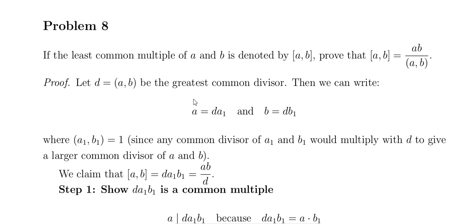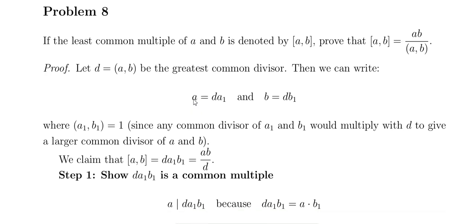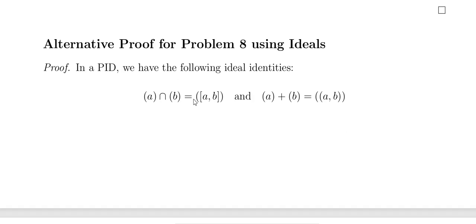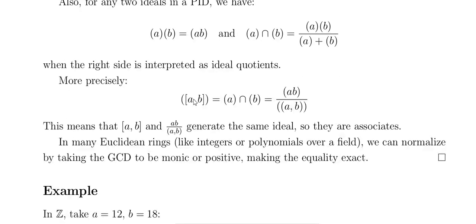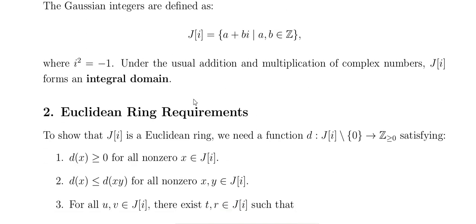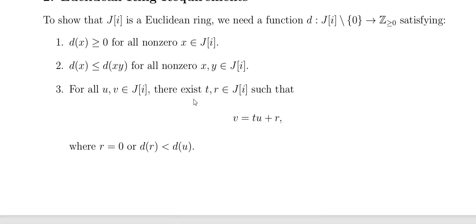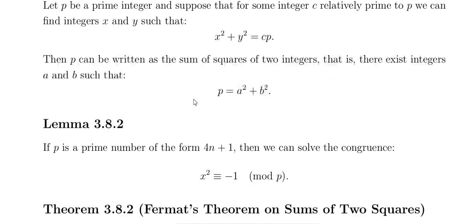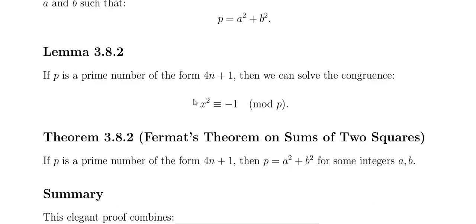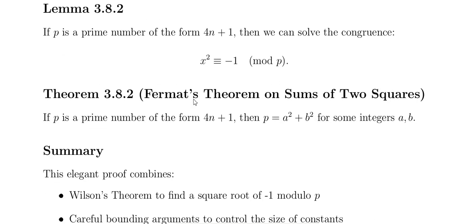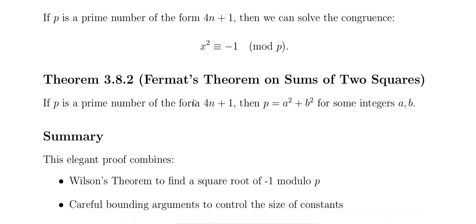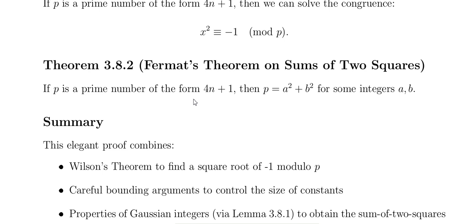The least common multiple of a and b is ab divided by the greatest common divisor of a and b. If p is a prime number of the form 4n plus 1, then the congruence x squared congruent to minus 1 modulo p is solvable, and p equals a squared plus b squared for some integers a and b.